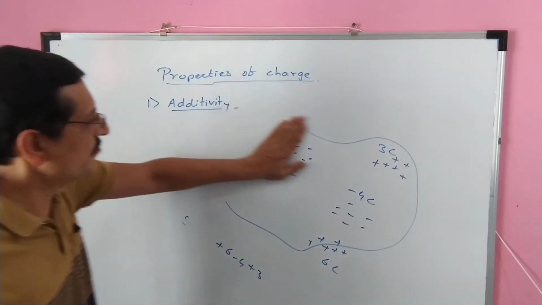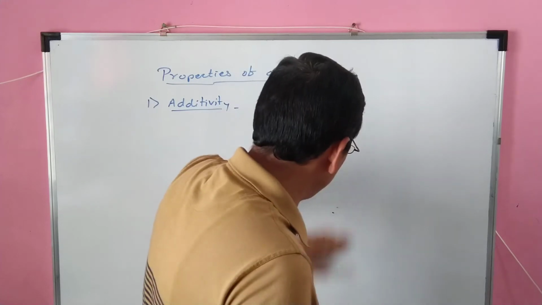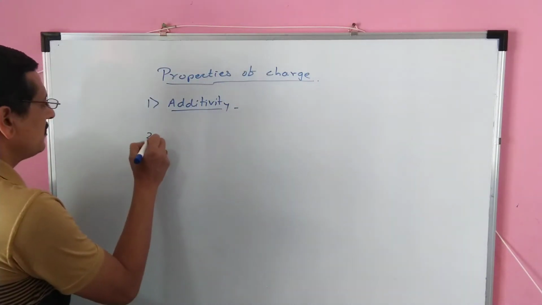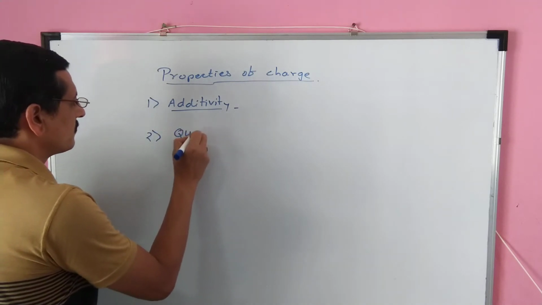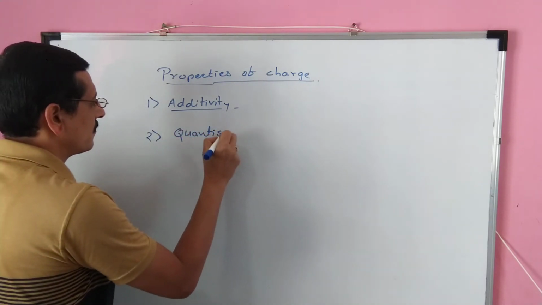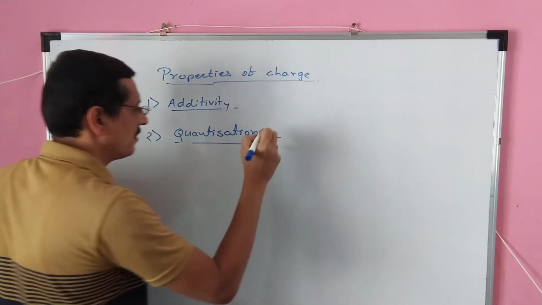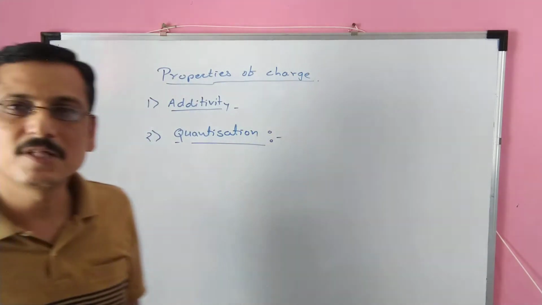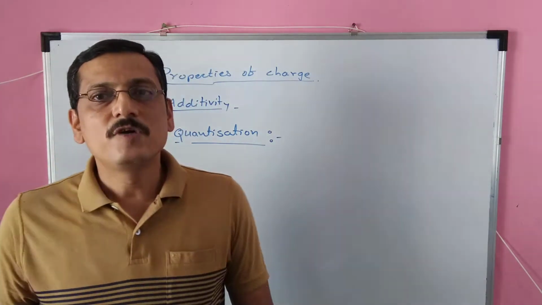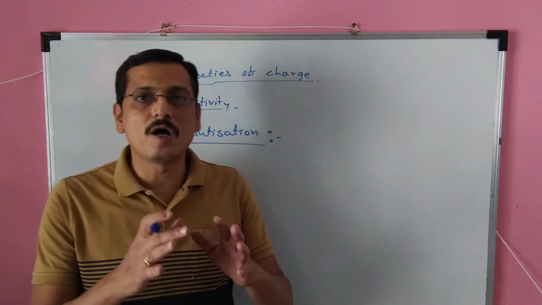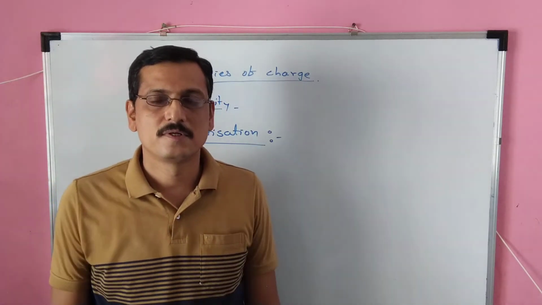Now the second property, a very important property, is quantization. Now student, quantization means, if we are talking about a charge, what is the smallest possible charge?